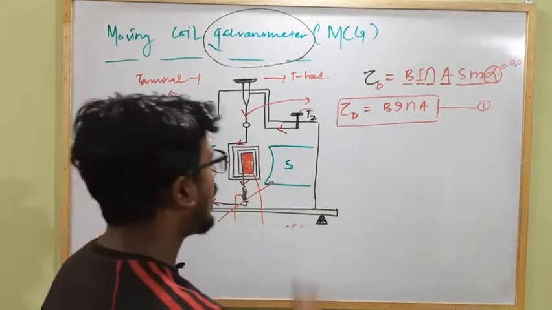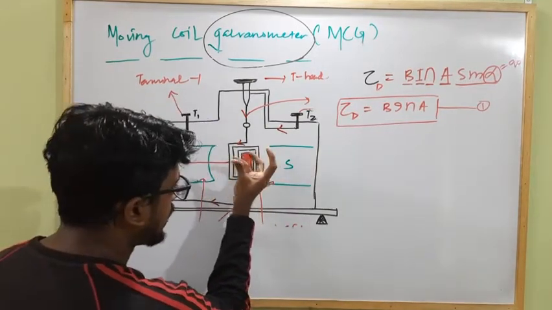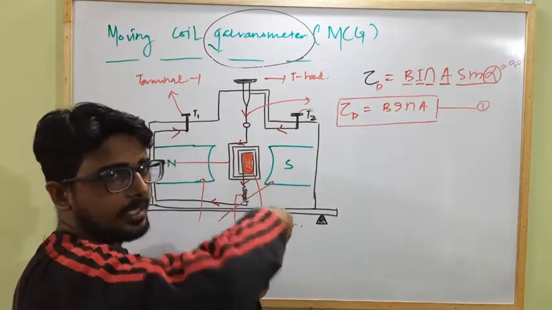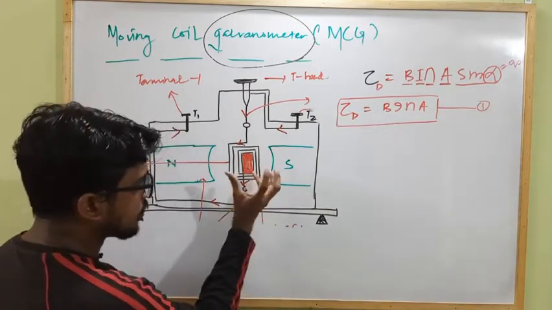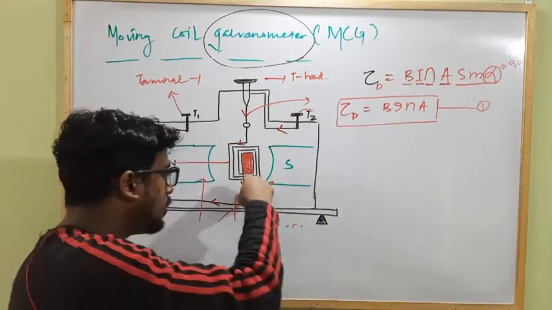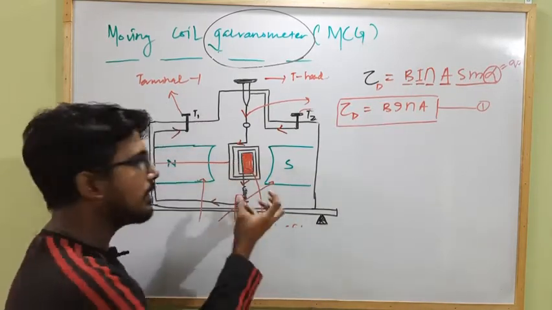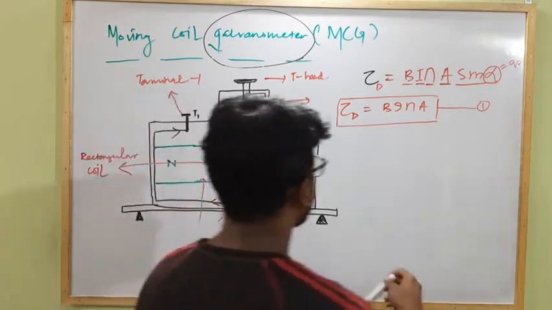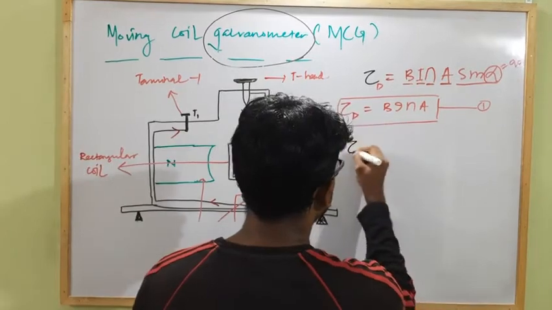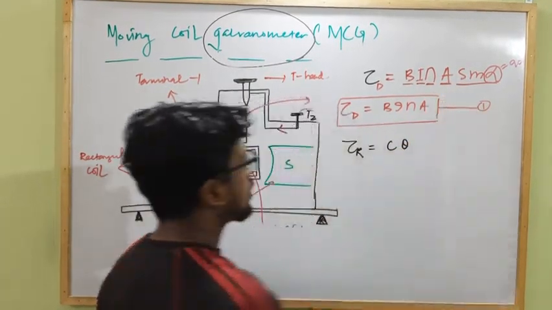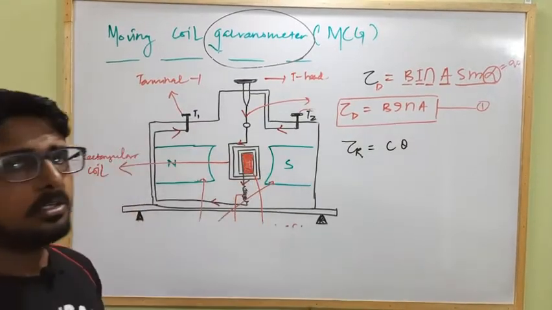Clear? And as the coil starts rotating, this hair spring gets twisted, and due to the twist inside the hair spring, it starts to regain some restoring torque. What is the value of restoring torque? The restoring torque will be equal to the torsional constant into the angular twist along the coil.